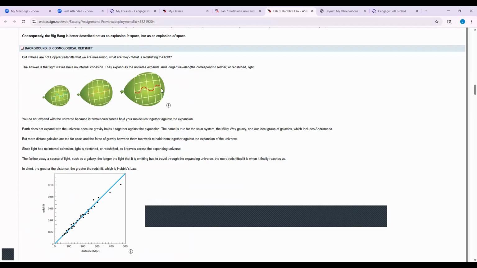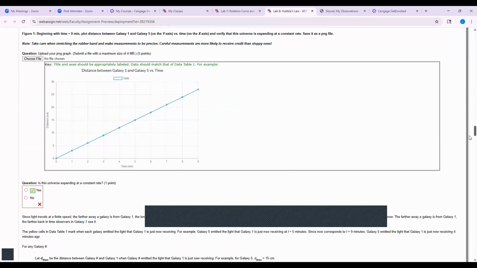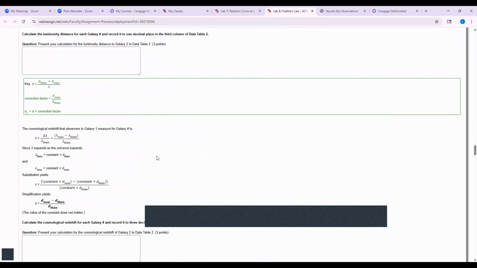And because the wavelength is expanded, we can calculate the distance between any 2 points in the universe. And because of this very simple concept that we are assuming, that distance and wavelengths are equal to each other, this is the trigger for understanding how we're going to do this lab here.